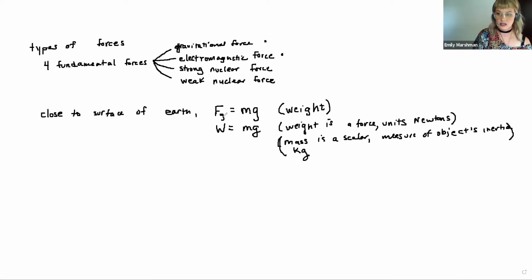And the direction of this gravitational force always pulls us down towards the Earth.